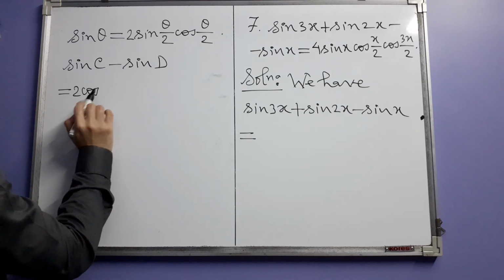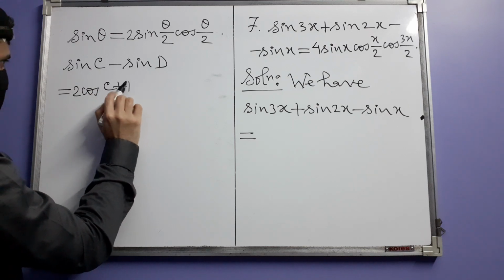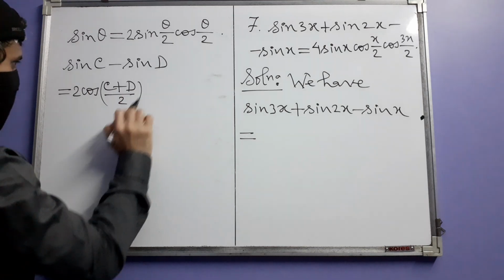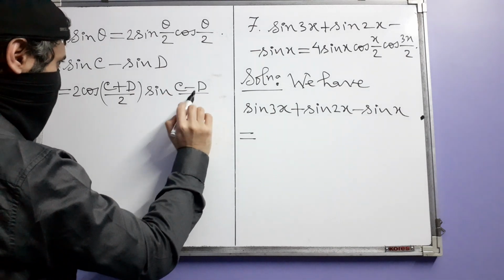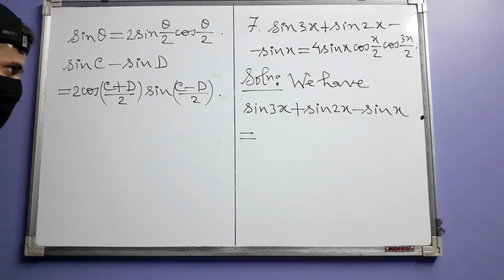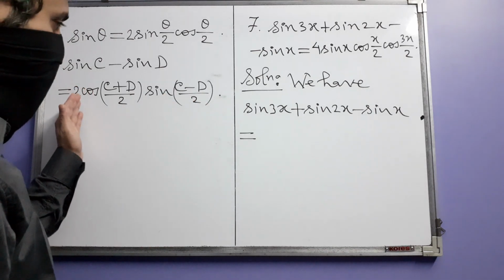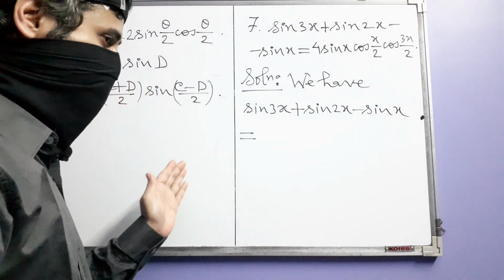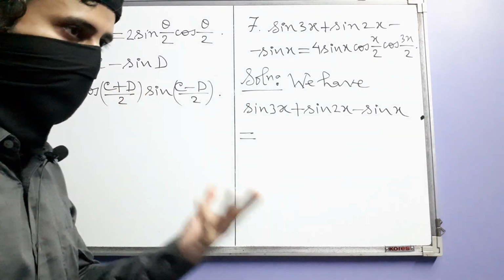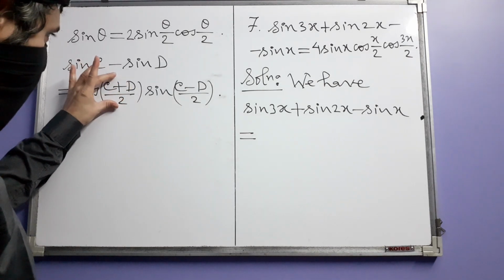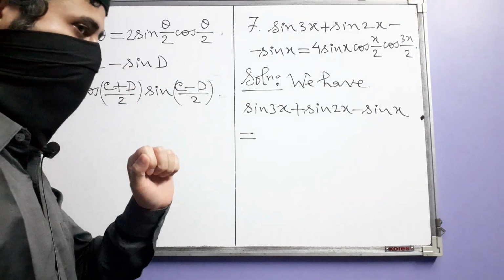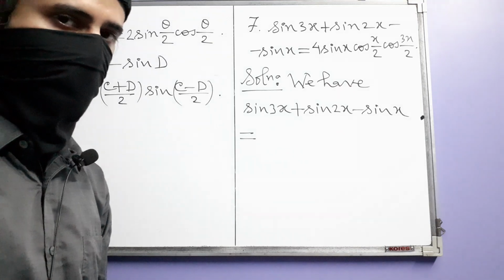That is, this is 2 cos c plus d over 2 times sin c minus d over 2. And when we say that one function comes first followed by another, the order is determined by these angles. Always you have c plus d over 2 first, then c minus d over 2.